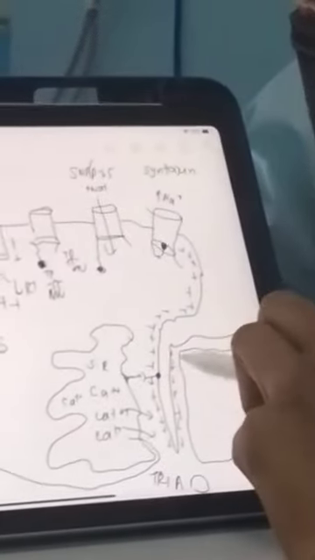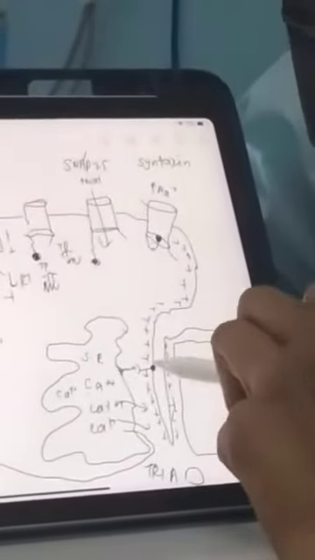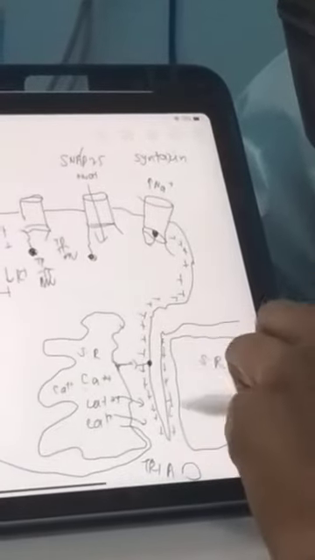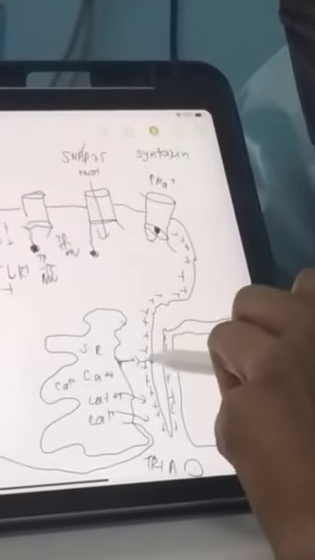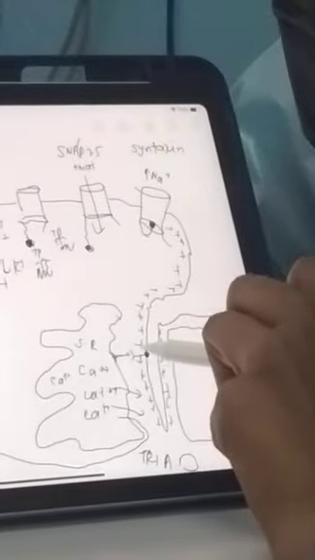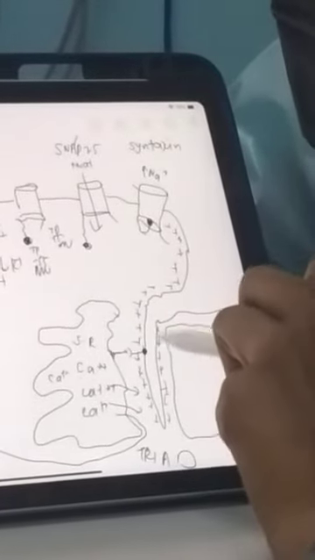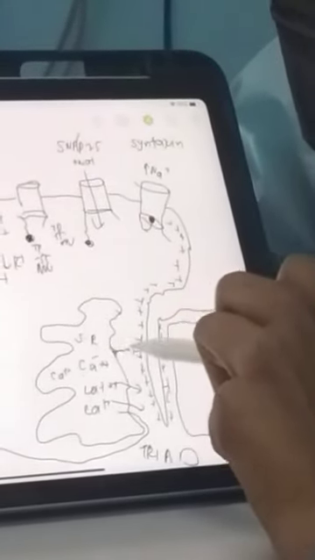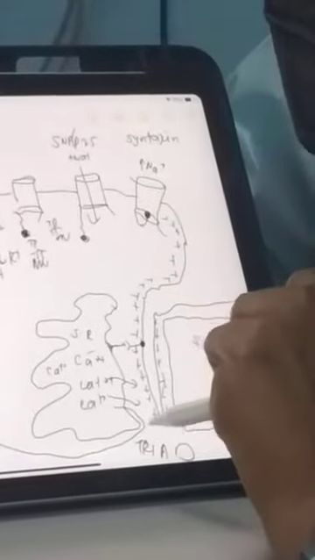It's these receptors actually. We call them the dihydropyridine receptor and the ryanodine receptor. The dihydropyridine receptor will bind with the ryanodine receptor, so it will bring the calcium out. When the calcium is out, we will go to the myofibrils.